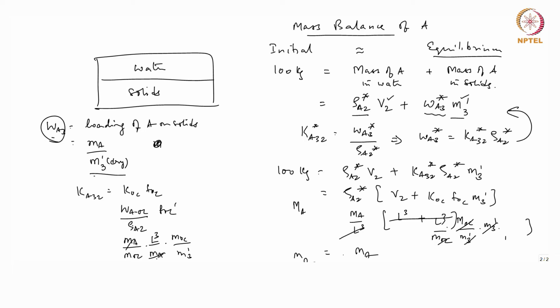So, dimensionally it is consistent. Okay. So, we have this equation here, rho A2 into V2 plus KOC FOC M3.